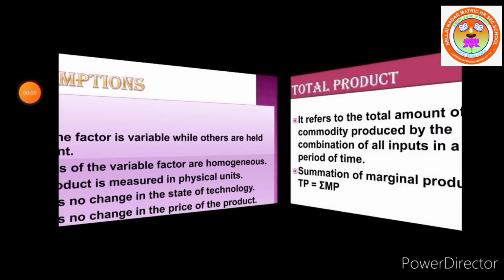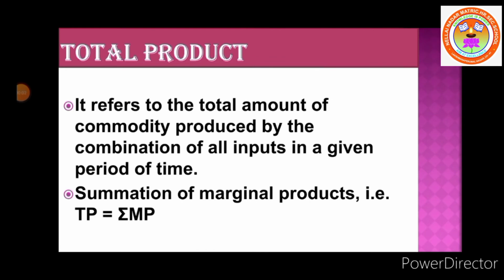To understand the law of variable proportions, we must know the total product, average product and the marginal product. What is total product? It refers to the total amount of commodity produced by the combination of all inputs in a given period of time.